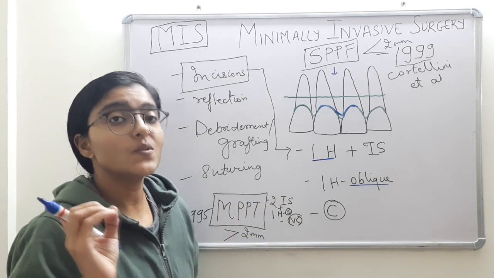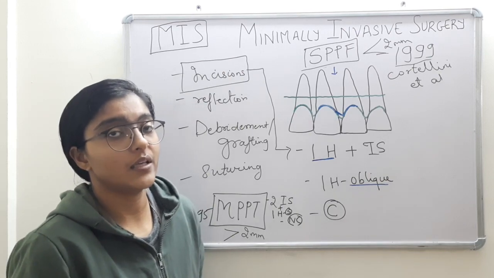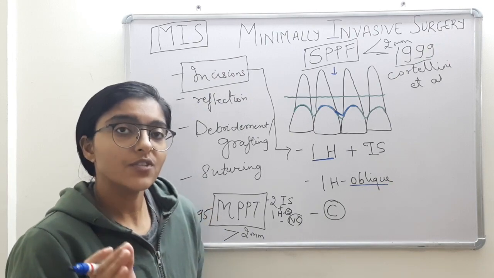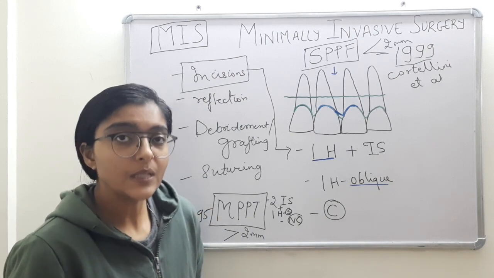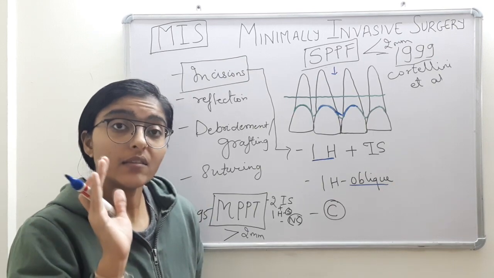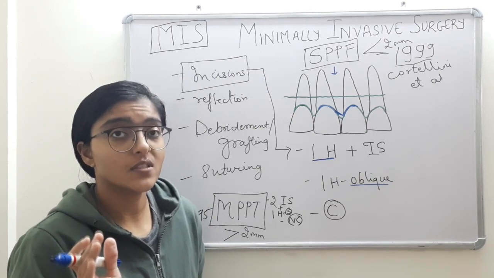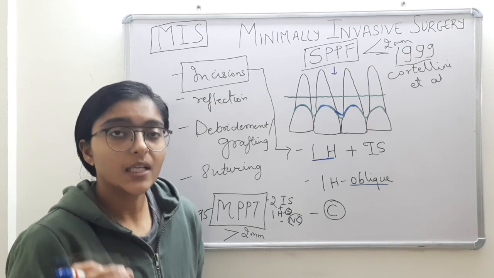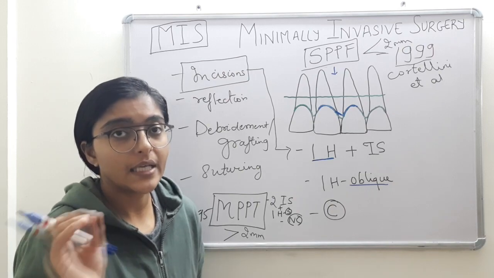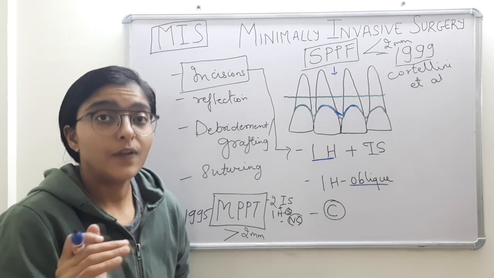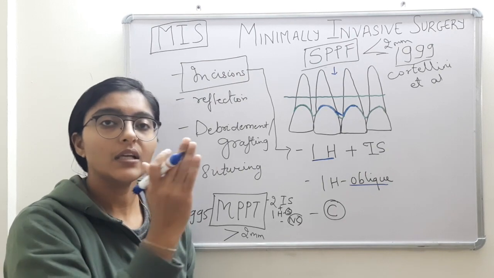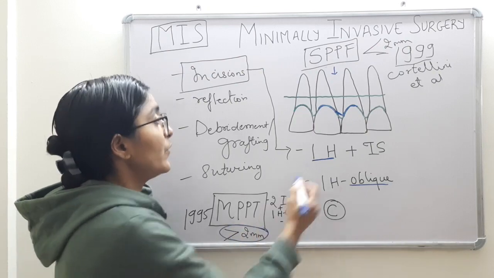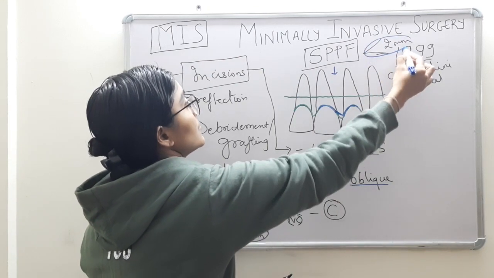And then in the year 2007, Cortellini et al. again proposed MIST, in which they performed MIST with Emdogain. In that original article, Journal of Clinical Periodontology 2007, Cortellini et al. proposed a technique called MIST, in which the flap design is based on either MPPT or SPPF based on the width of the interdental region.